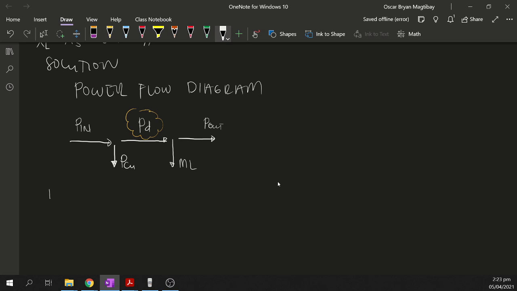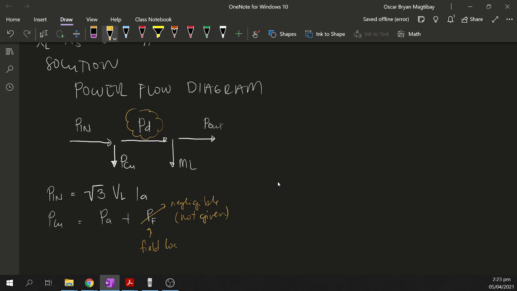Kung titingnan natin, yung PE natin is coming from the formula square root of 3 VL IA for Y connected loads. And ang P copper natin is equal to P ng armature plus P ng field. But the problem is, wala tayong field losses. At this problem, this is negligible. Bakit? Not given. Again, this is what we call the field loss.